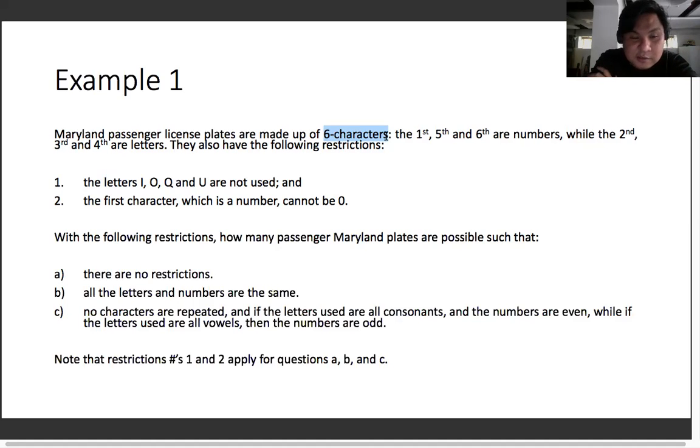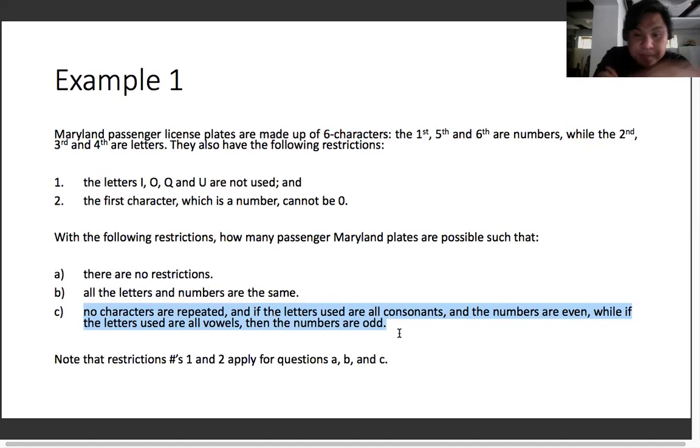Letter C, right? Definitely the way it was written is quite long. So I'm guessing this is a more complicated scenario to be counting. It says first, no characters are to be repeated. Aha. So here, we will definitely observe a decreasing set of numbers as we go over to later choices.